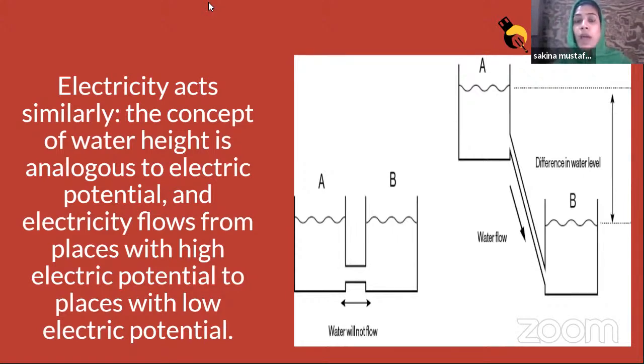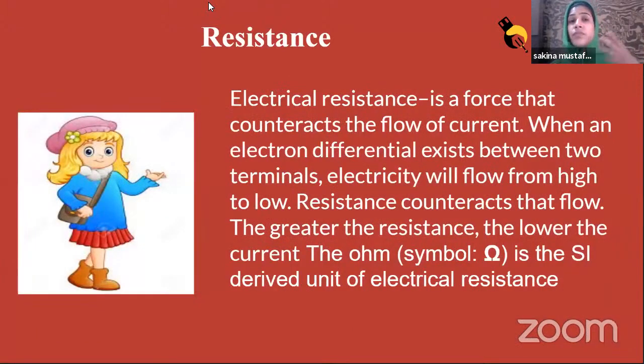Here also I experienced, as I told you, the water was coming so much, so I applied the knob and added resistance. So some resistance we have to apply to the current as well, because you have seen that my LED got burst. What is electrical resistance? Electrical resistance is the force that counteracts the flow of current, which doesn't allow the current to pass so much.